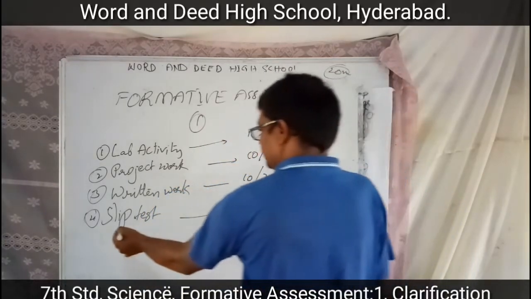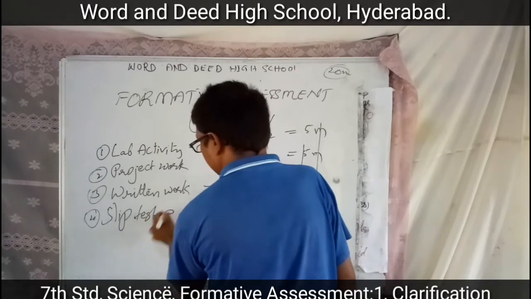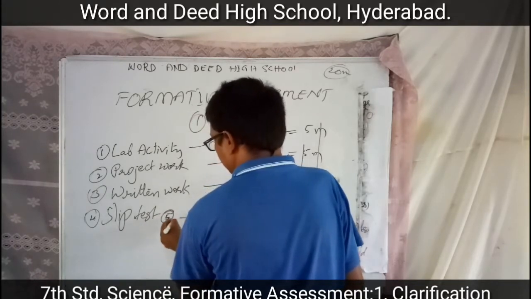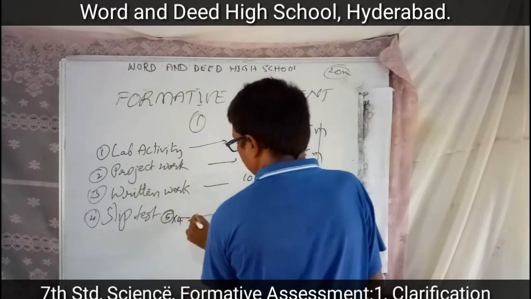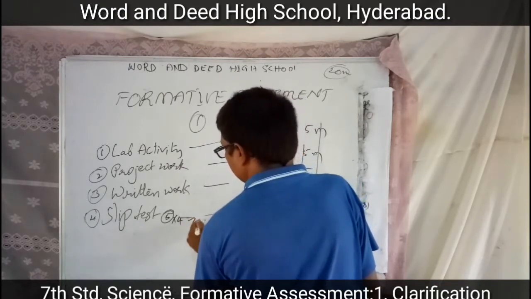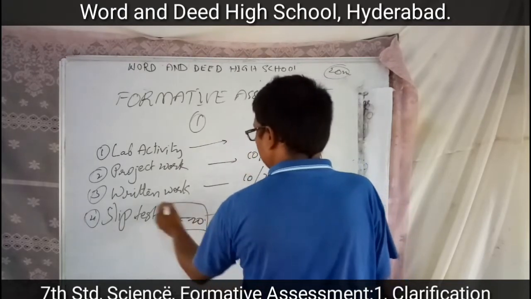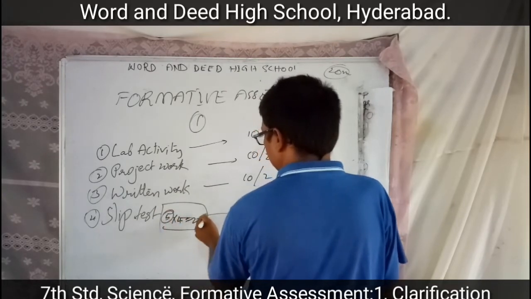Here each question carries 4 marks, total 20 marks. Total how many marks? 20 marks. 5 into 4 is equals 20 marks.